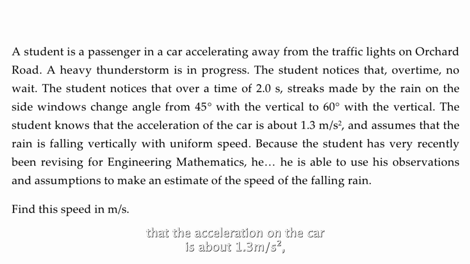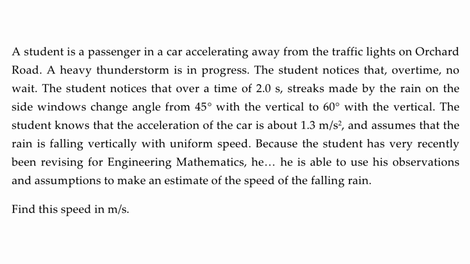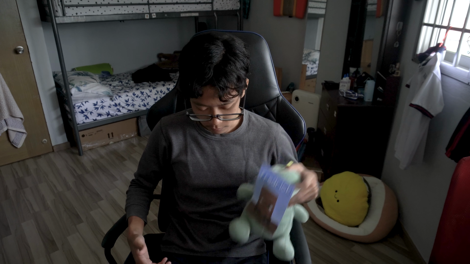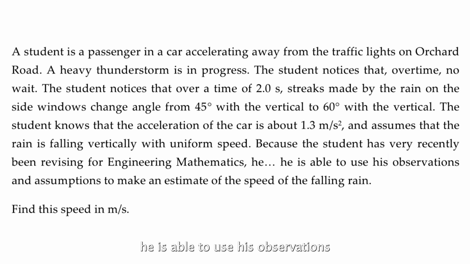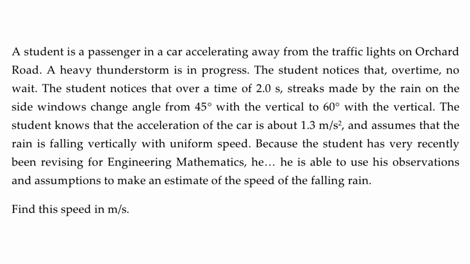The student knows that the acceleration of the car is about 1.3 meters per second squared and assumes that the rain is falling vertically with uniform speed. Because the student has very recently been revising for engineering mathematics, he is able to use his observations and assumptions to make an estimate of the speed of the falling rain. Find the speed in meters per second.